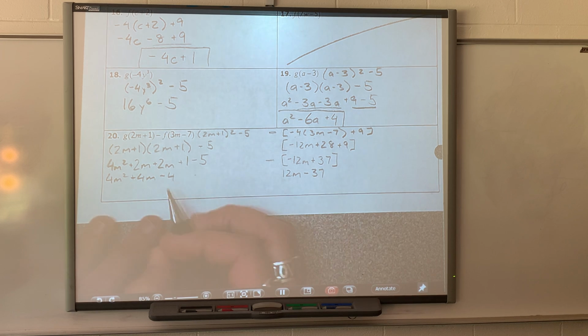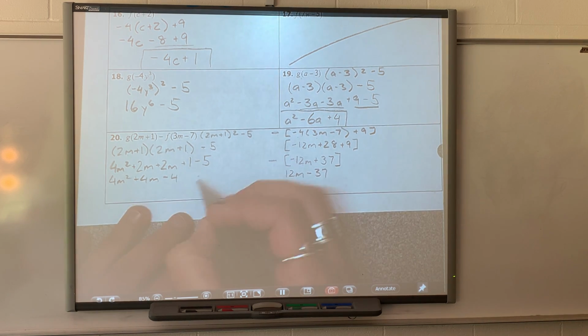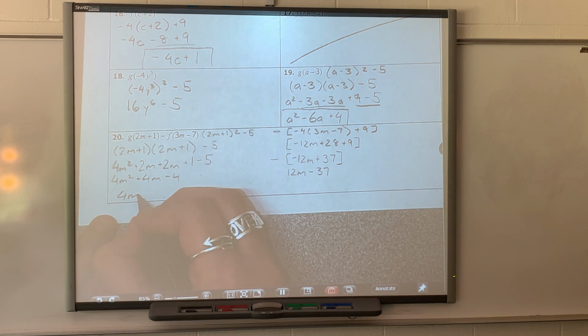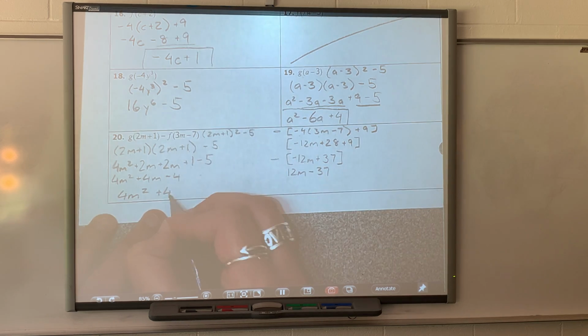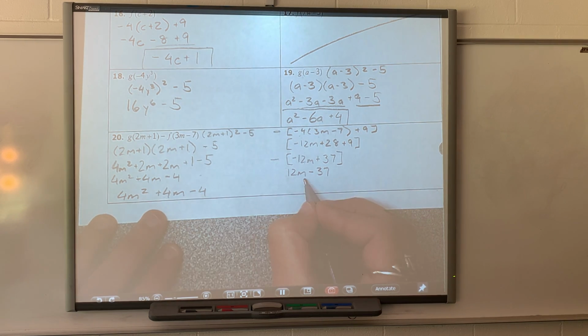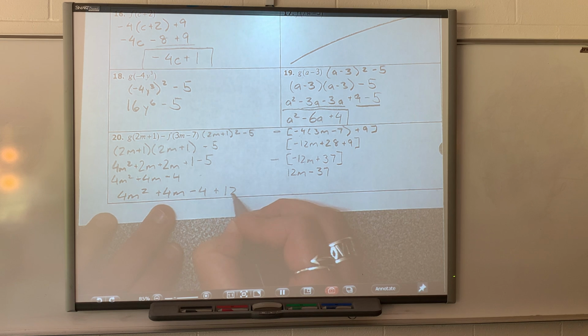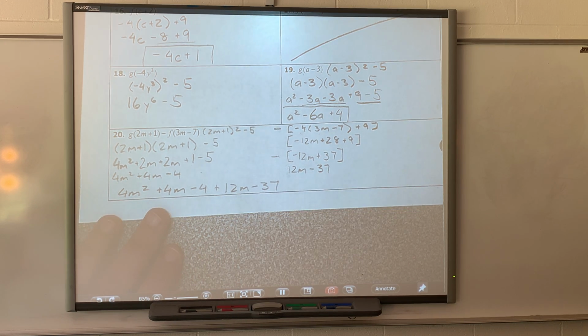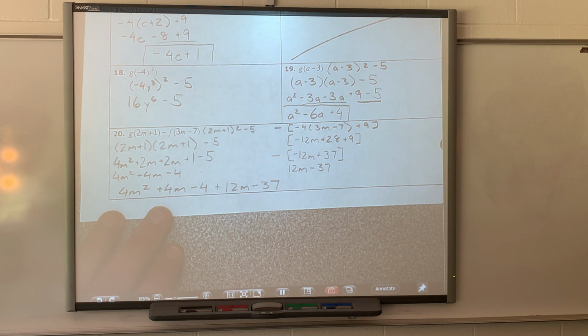I have 4m squared plus 4m minus 4, and I'm going to bring this over, plus 12m minus 37. Everybody okay with where all that came from? Because we brought this over to this problem, you just distribute the subtraction sign.